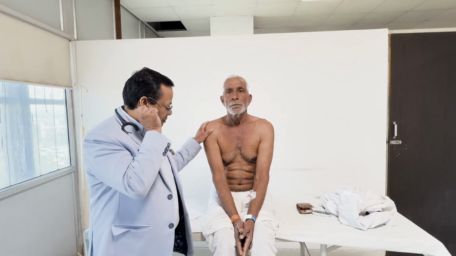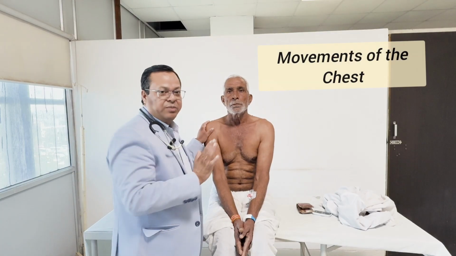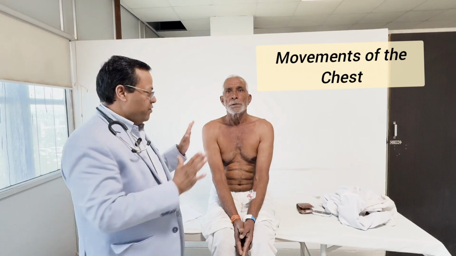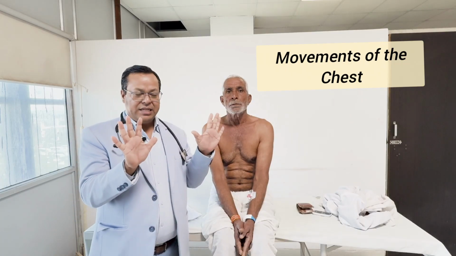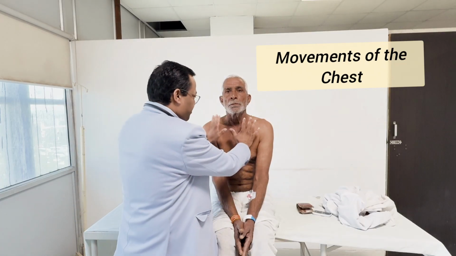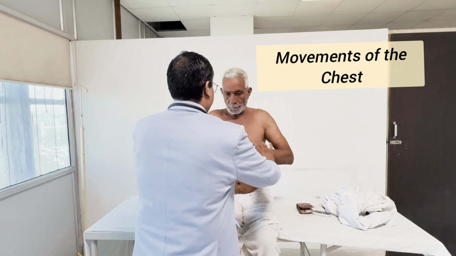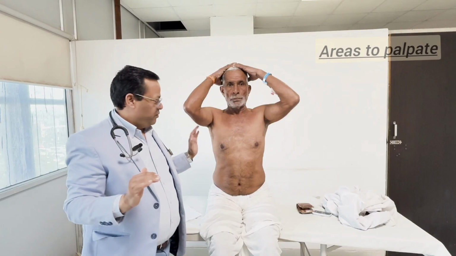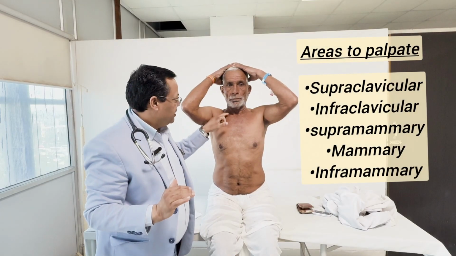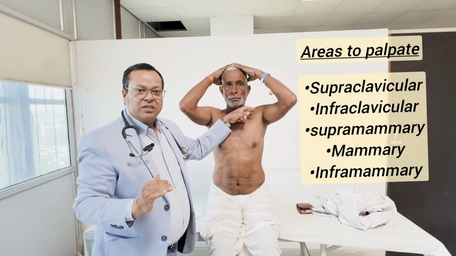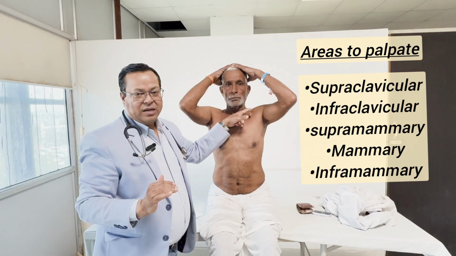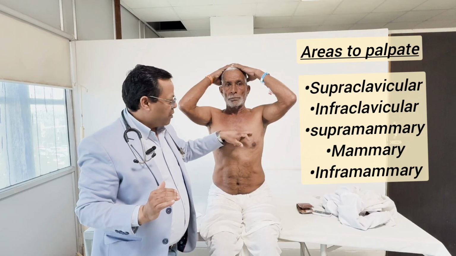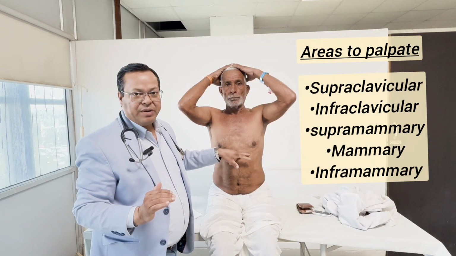Then by palpation, the movements of the chest. For the movements of the chest, we have to keep the hands like this and ask the patient, Babaji, keep your hands like this once. There are different areas where we have to palpate. This is the clavicle. So there are the supraclavicular, clavicular, infraclavicular, supramammary, mammary and inframammary regions.